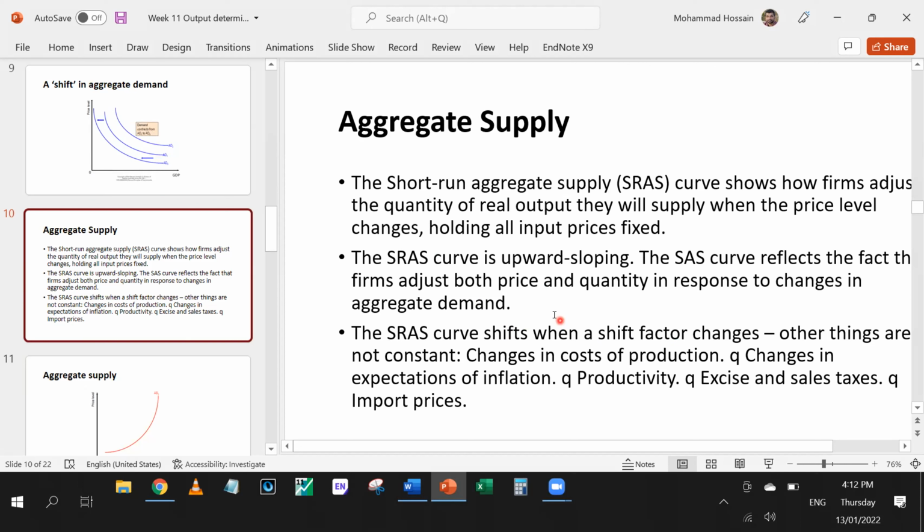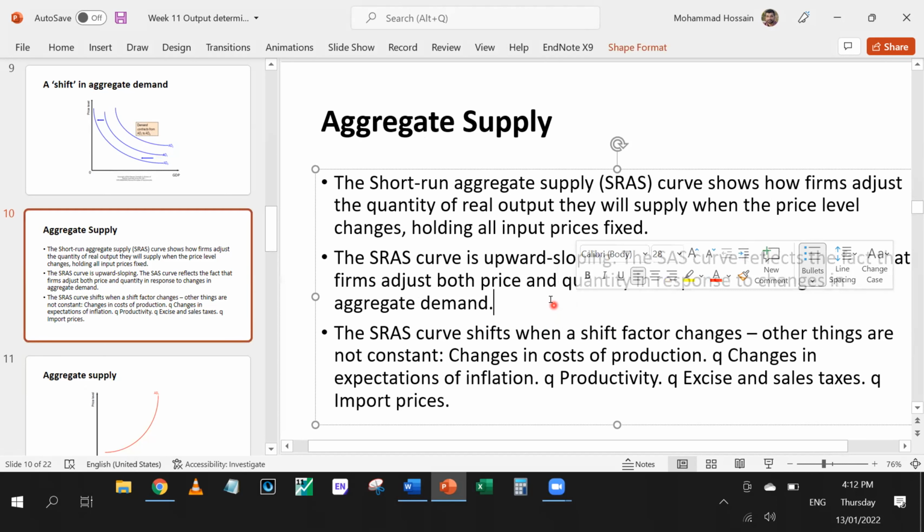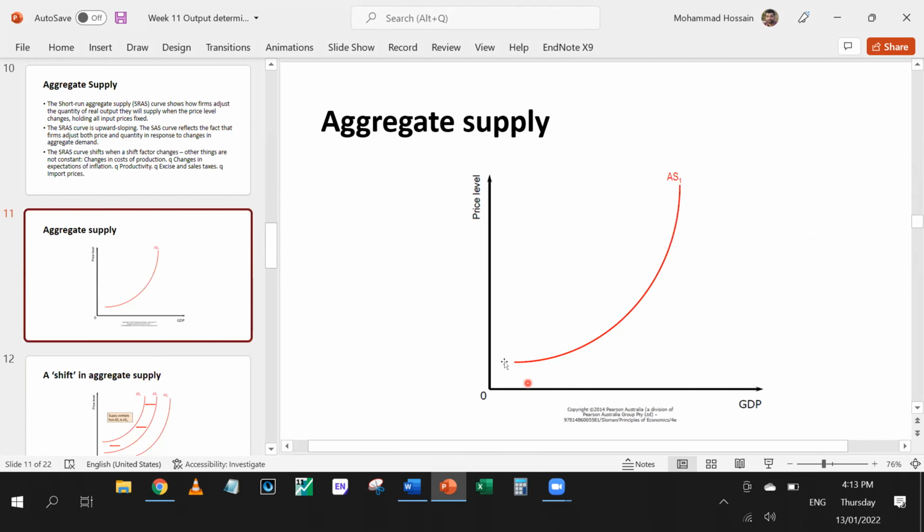The short-run aggregate supply curve shows how firms adjust the quantity of real output they will supply when the price level changes, holding all other prices fixed. So the short-run supply curve is exactly the same way we see our normal supply curve. The supply curve will be like this.